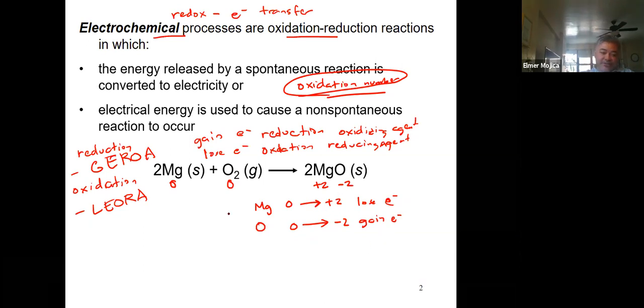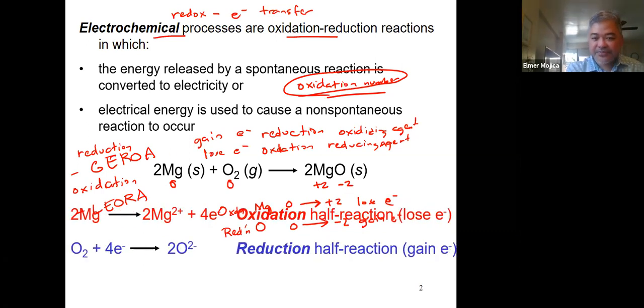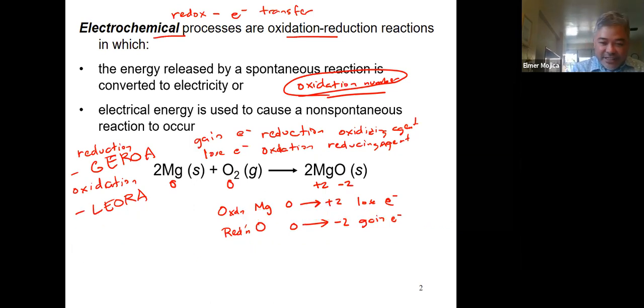So you could say this one is oxidized and this one is reduced. Why did it oxidize? Because it lost electron. Why is it reduced? Because it gained electron.